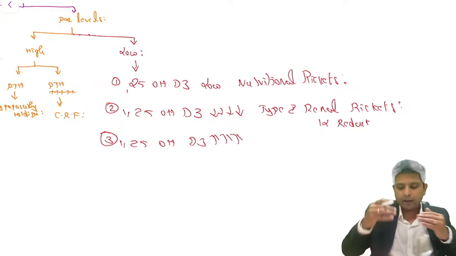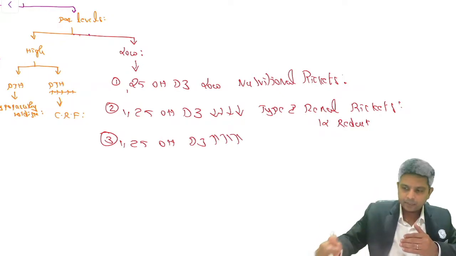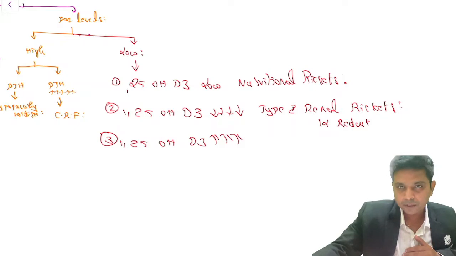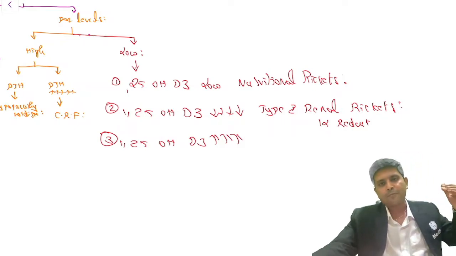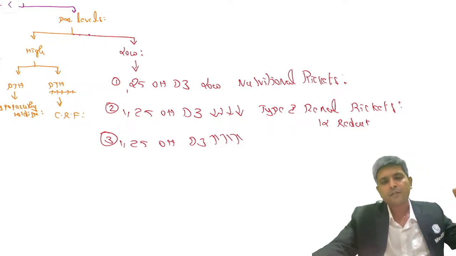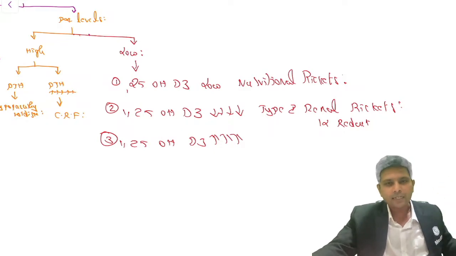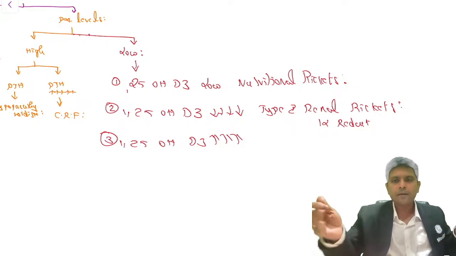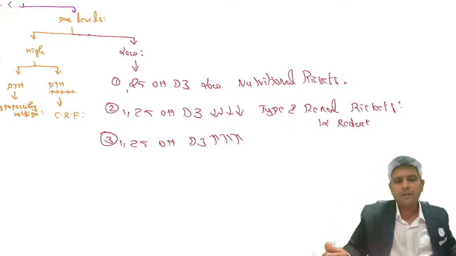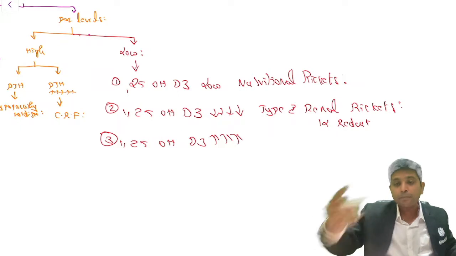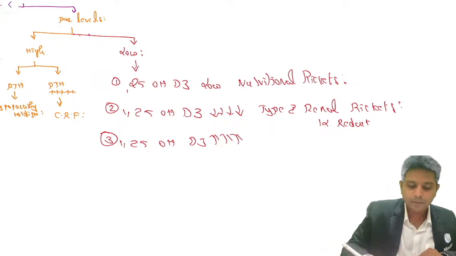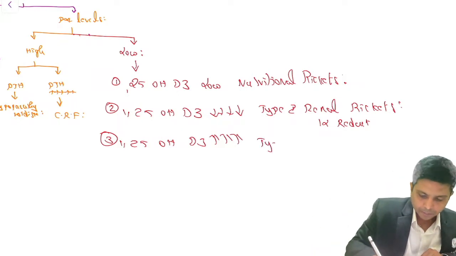Second, your 1,25 dihydroxy D3 has to act on the receptors present in the bone and intestine. Then your active form of vitamin D3 will act. When the receptors are resistant, 1,25 will be high. So this is called type 2 rickets.